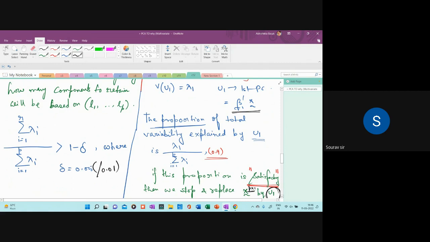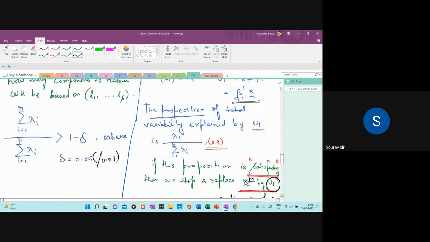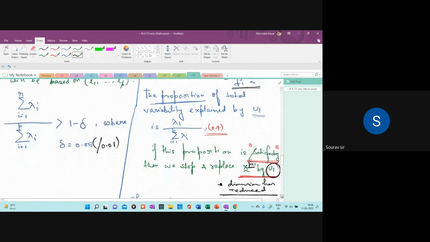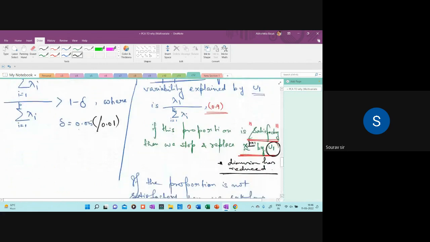It's like 5% and 1% significance, how much restriction you want to take. I am going to proceed with 0.05, not with 0.01. This is another option you can take, and even other options are there.